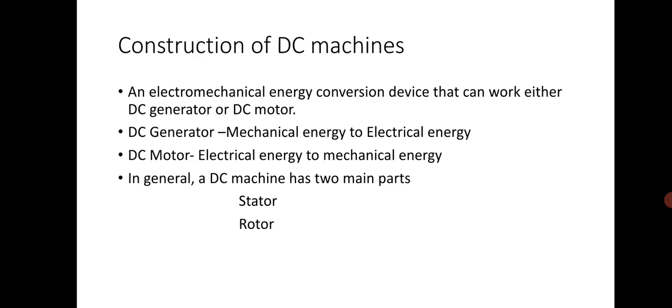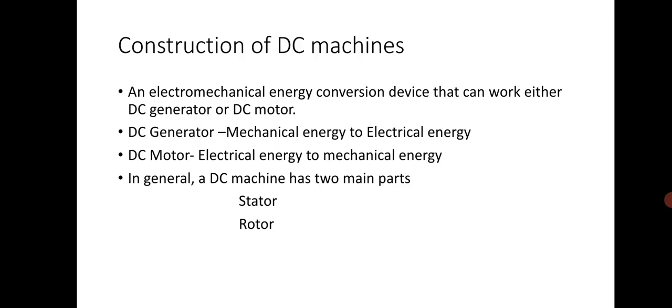For a DC generator, mechanical energy is converted into electrical energy, but in a DC motor, electrical energy is converted into mechanical energy. But how to construct these DC machines? I told you the construction is the same, right?